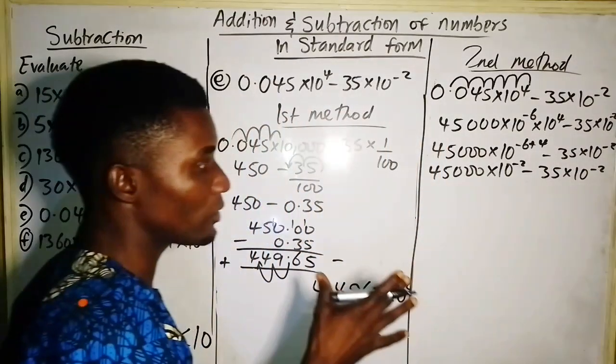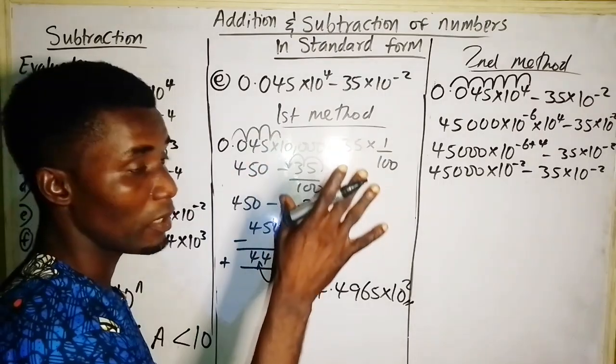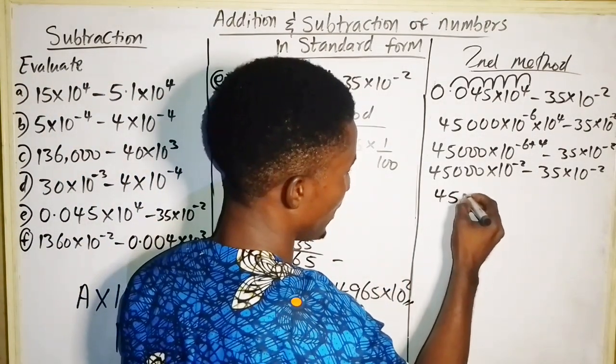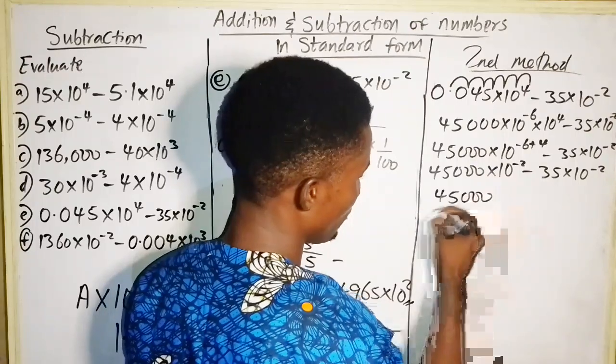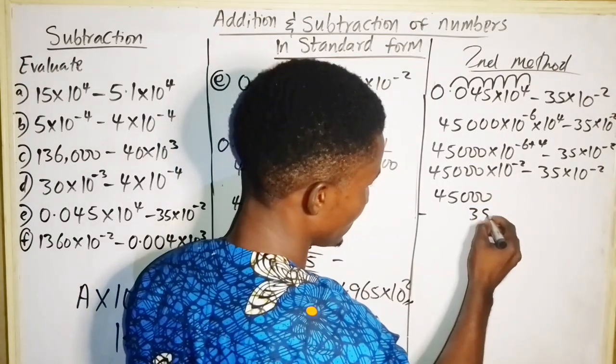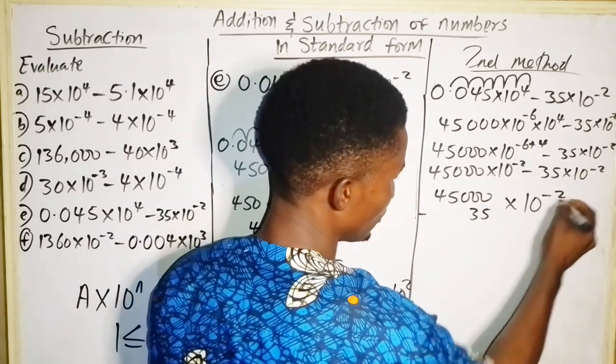Now we are having a common factor, which is base 10 raised to the power minus 2. So we have 45000 minus 35 times the common factor 10 raised to the power minus 2.